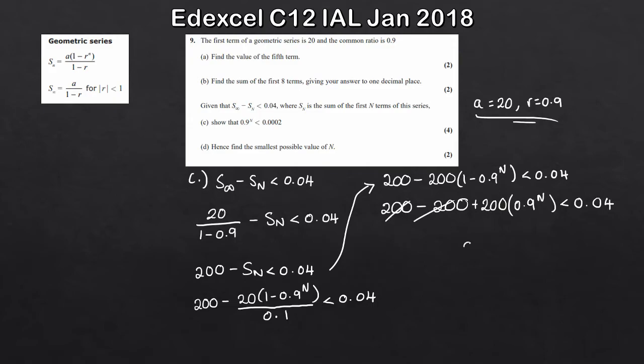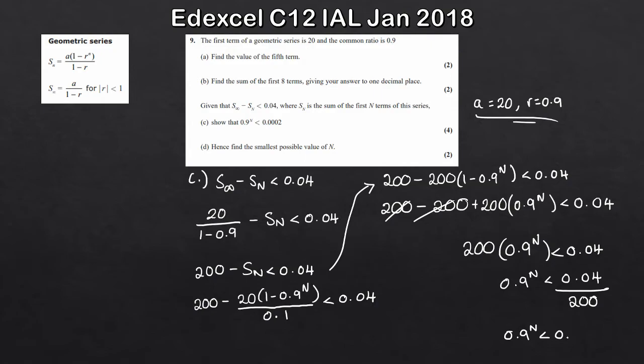So I get left with 200 lots of 0.9 to the n being less than 0.04. Then at this stage here, we can divide through by the 200, and then we're going to obtain 0.9 to the power of n, which is exactly what we want to show for part C. So then we do 0.9 to the power of n being less than 0.04 divided by 200, which gives us 0.9 to the power of n being less than 0.0002.